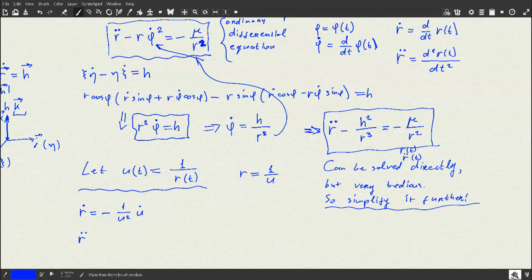R double dot is what? Differentiating this further: minus u double dot over u squared, differentiating this, plus keeping only u dot, differentiating this minus 1 over u squared, which gives us plus 2 over u cubed times again u dot.